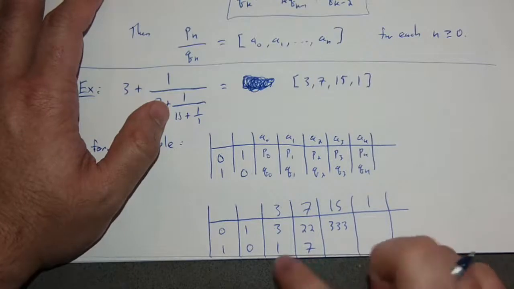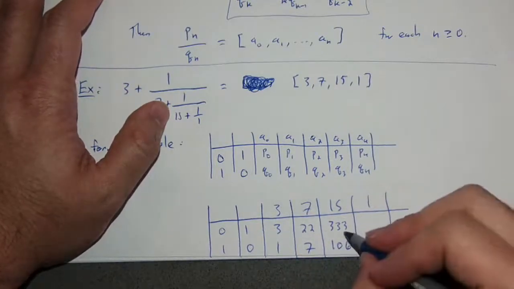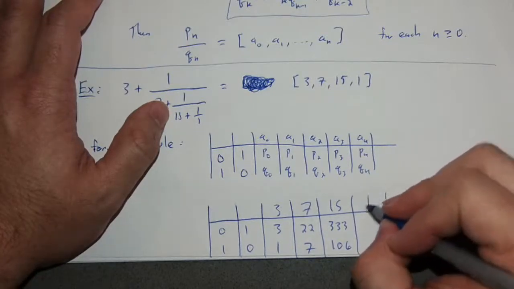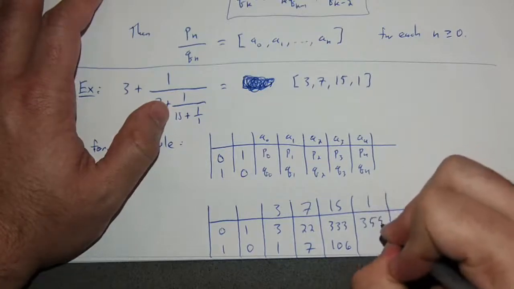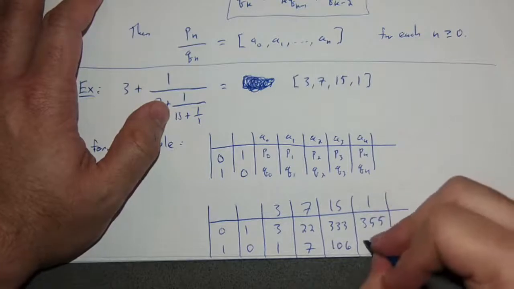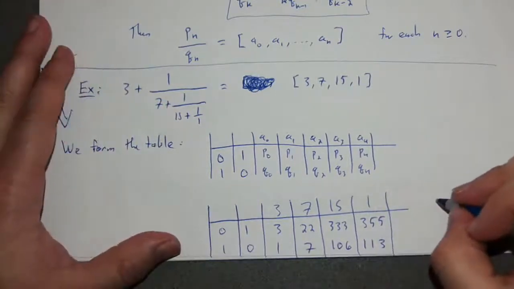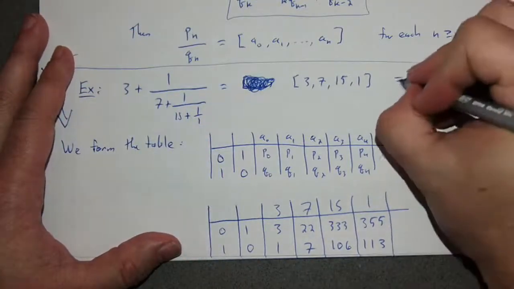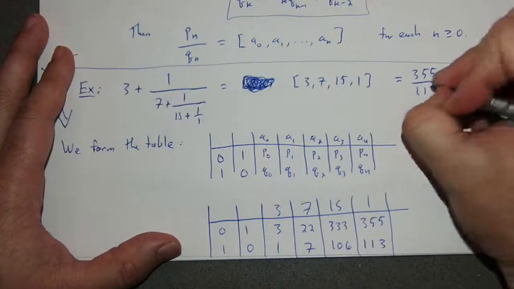That's 105 plus 1, so that's 106, which gives me that other approximation, 333 over 106. And then lastly, 1 times 333 plus 22 is 355, and 1 times 106 plus 7 is 113, so this is the full fraction here. So this is 355 over 113.